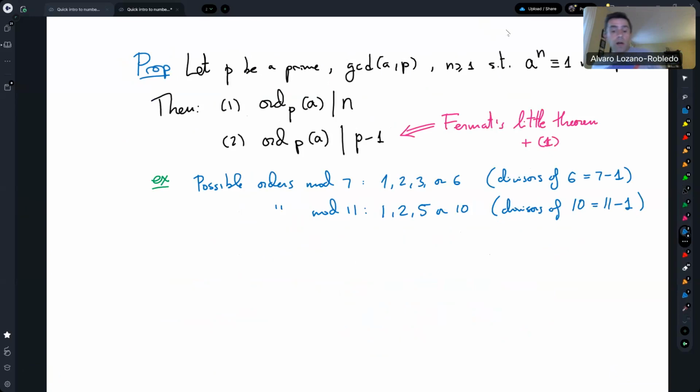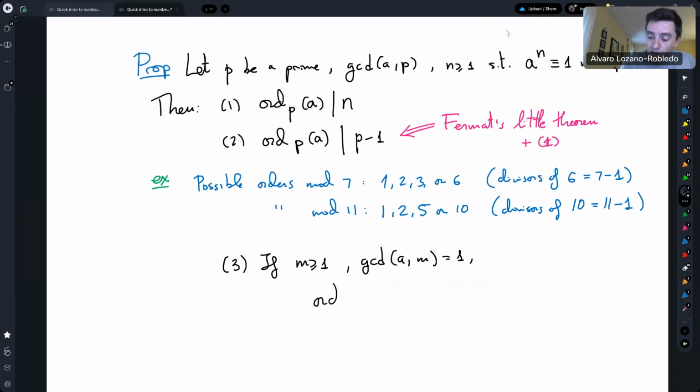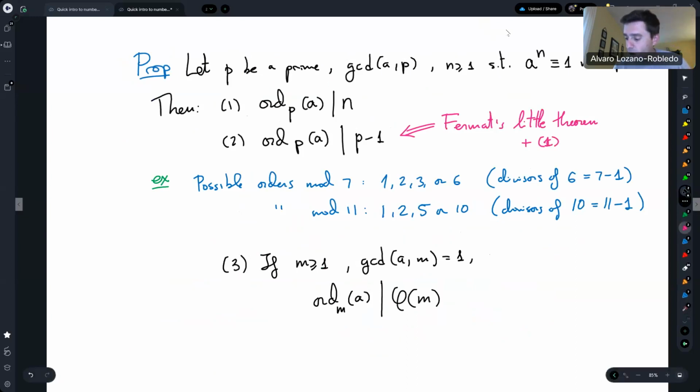The third part is that if m is some other modulus and a and m are relatively prime, then it turns out that the order of a modulo m divides phi of m. And this I haven't talked about, but it's a consequence of Euler's theorem.